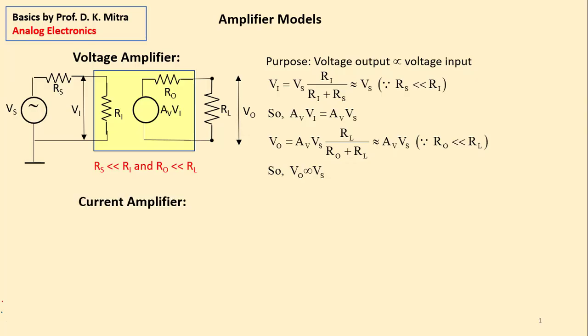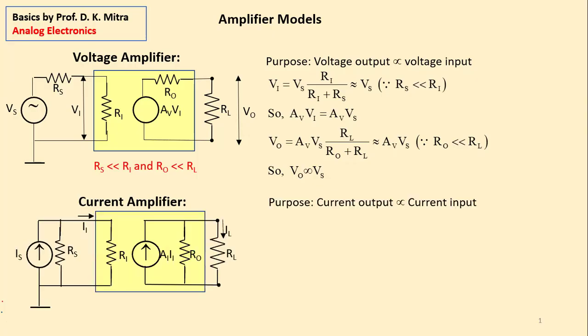Next type is a current amplifier. The purpose of a current amplifier is that current output is proportional to current input. Inside this yellow box will be a completely different design than the voltage amplifier, but this is the Norton's equivalent of a current amplifier.